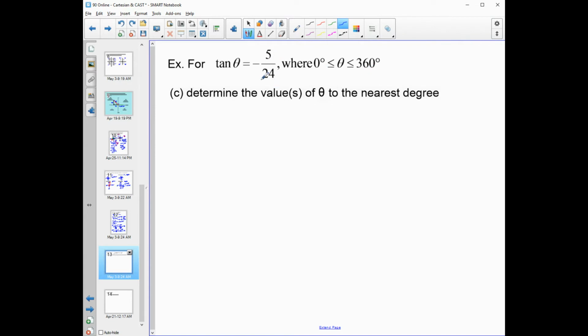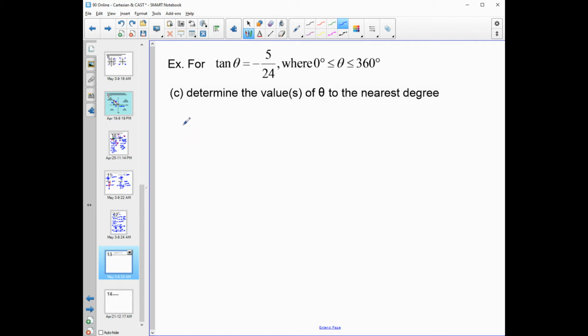So I want to show you, let's imagine this was a question just from scratch, just dealing with it right now. I want you to see that you don't have to go through all that other work to answer this one. We're going to make use of the fact that we can always relate these values in some way to a related acute angle.